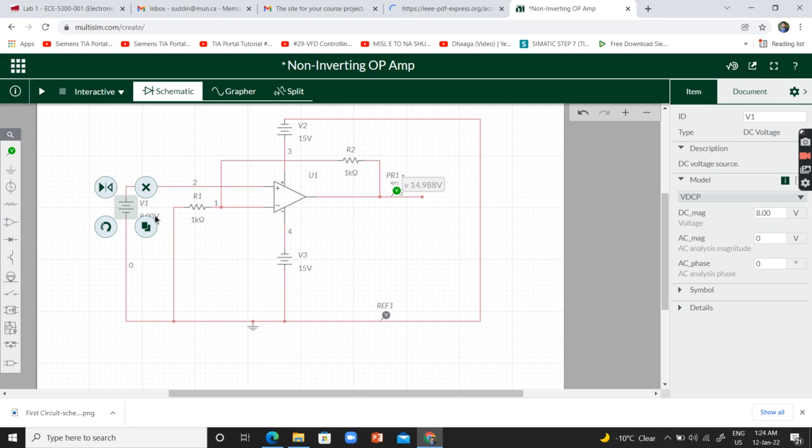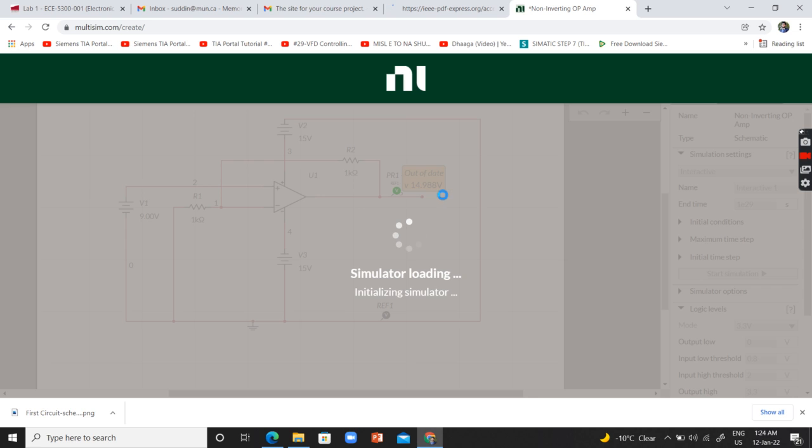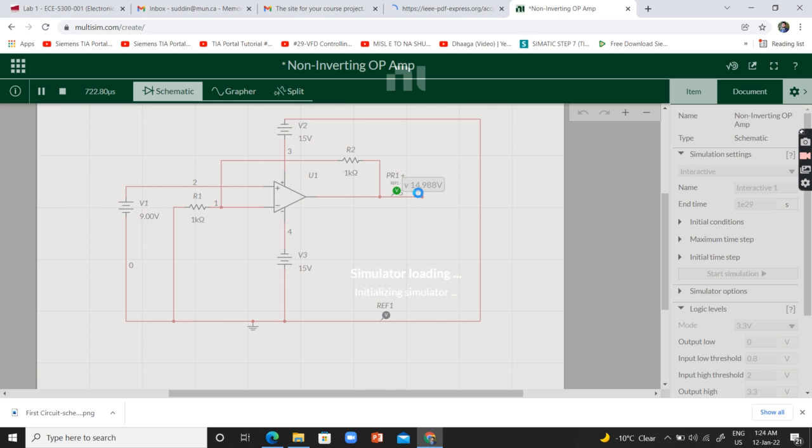Even if we go way beyond that, like for example, if I make it 9, just for the understanding, right? And I play the simulation again, 9 times 2 is 18, but over here you can see again it's going to saturate at 14 volts, right? So the op amp is not going to work beyond the applied voltages over here.